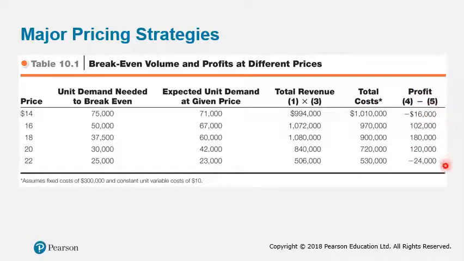You see that not necessarily if you charge a high price like $22, you will get more profit, because you'll be able to see the expected demand at a given price. Of course, if it is very cheap, a lot of people will buy. But if it's very expensive, it's good for your company, but customers may not buy. So in the end, you might suffer losses.